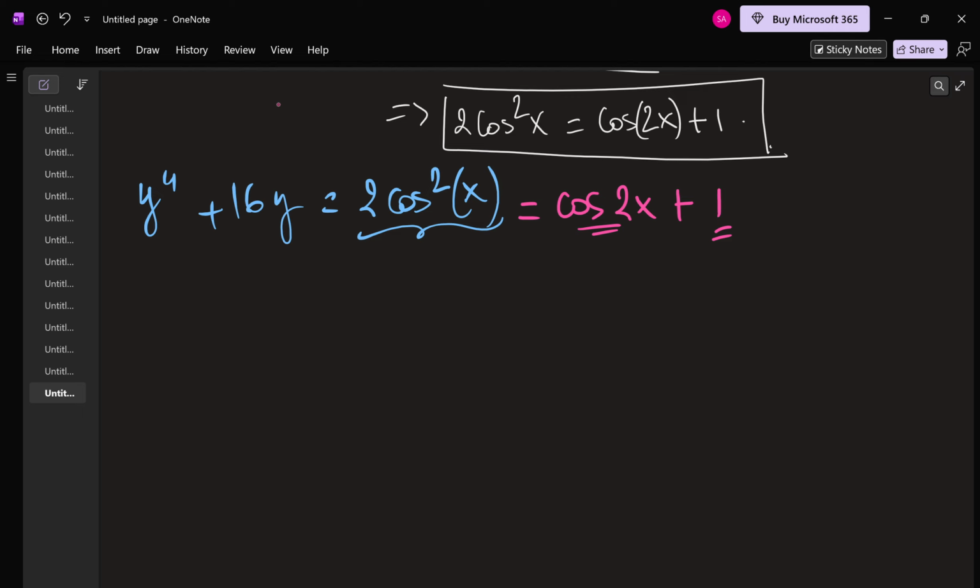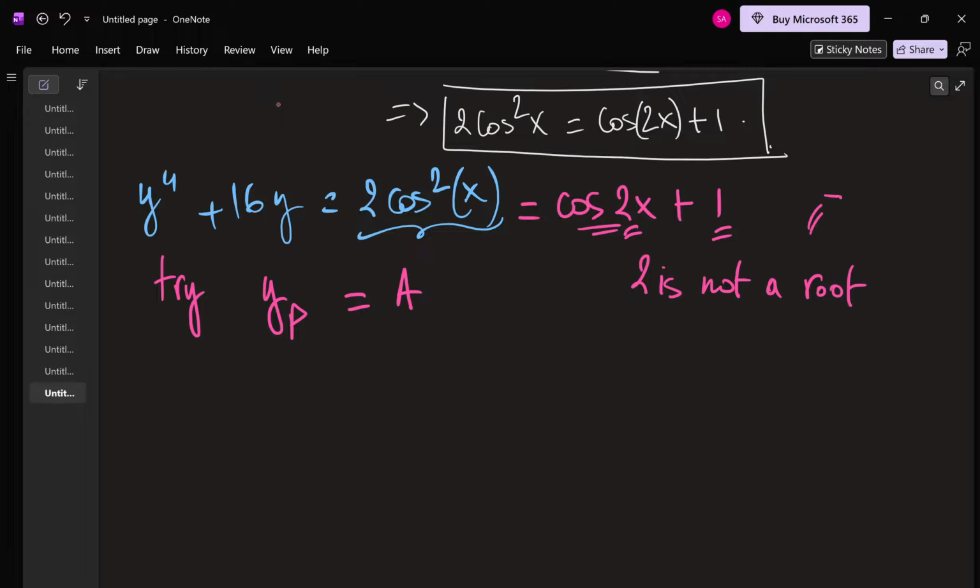So let's try to guess what yp is. Let's put something like this. Let's put something a times, remember, here the 2 is not a root.